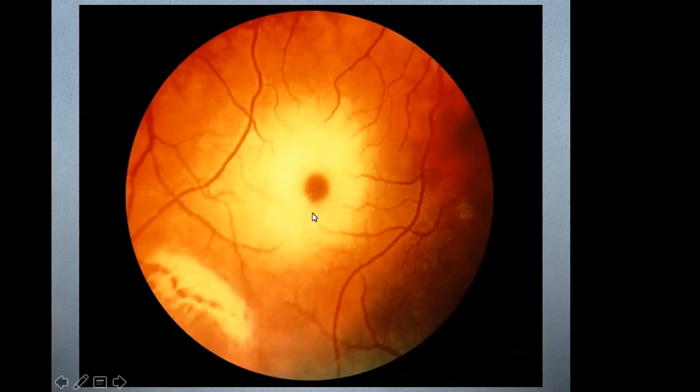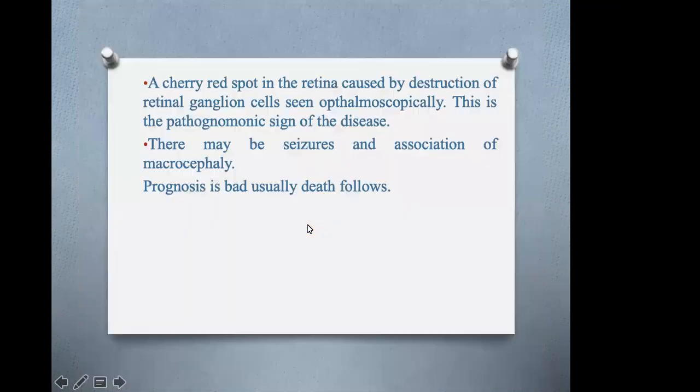This occurs due to accumulation of ganglioside GM2 around the optic nerve. A cherry red spot in the retina is caused by destruction of retinal ganglion cells, seen ophthalmoscopically. This is the pathognomonic sign of the disease. So please remember just cherry red spot.